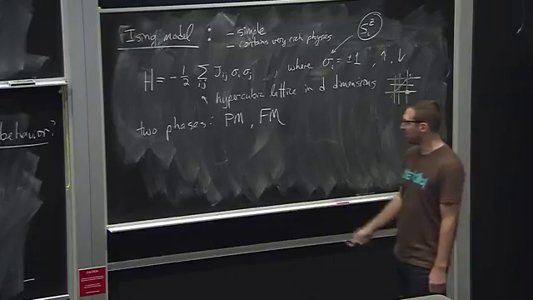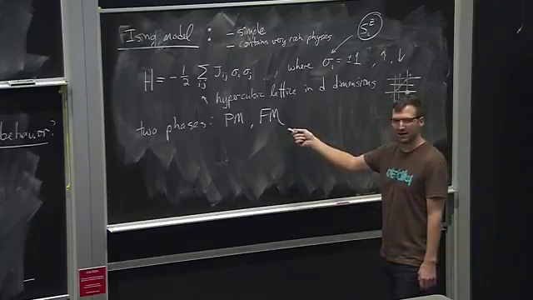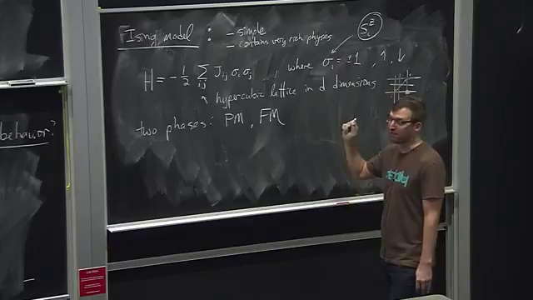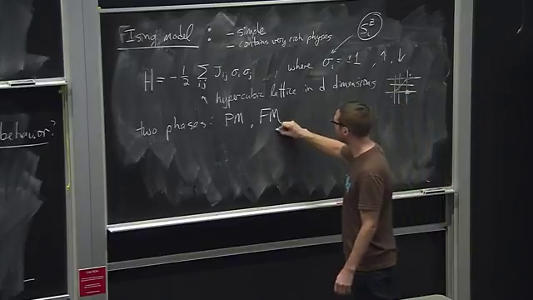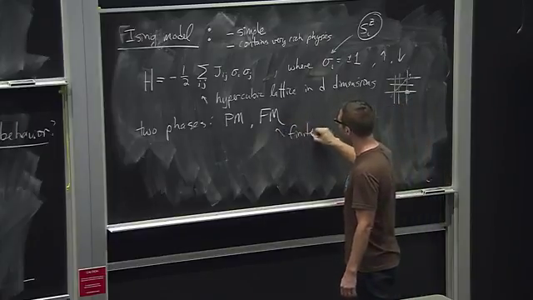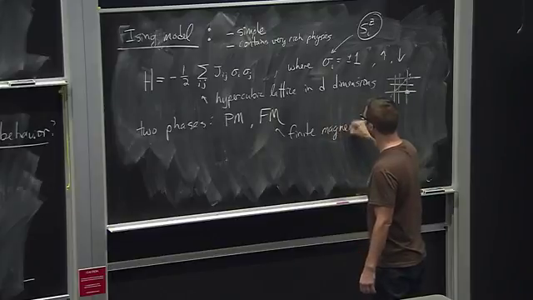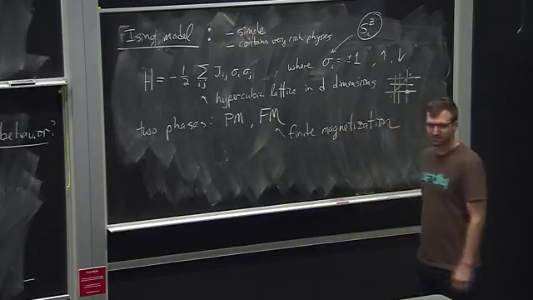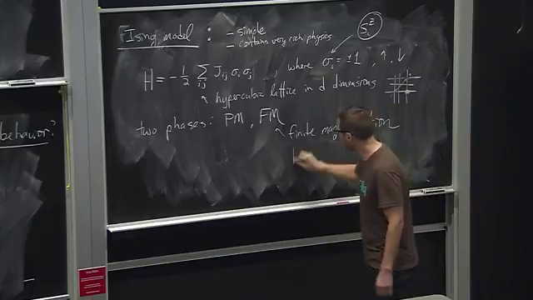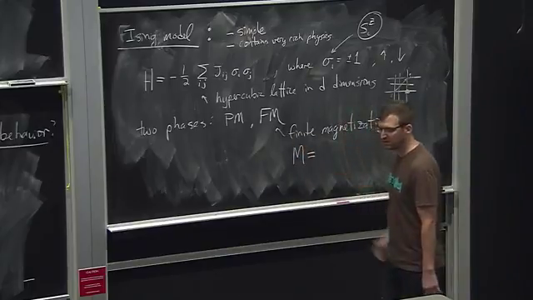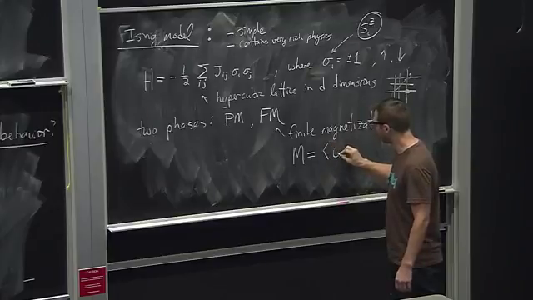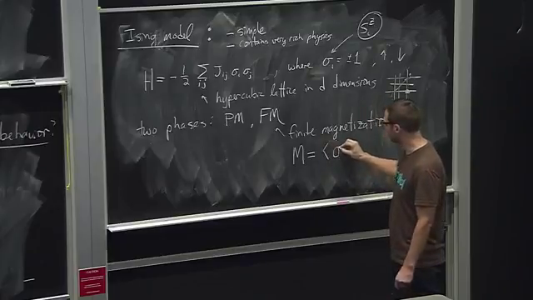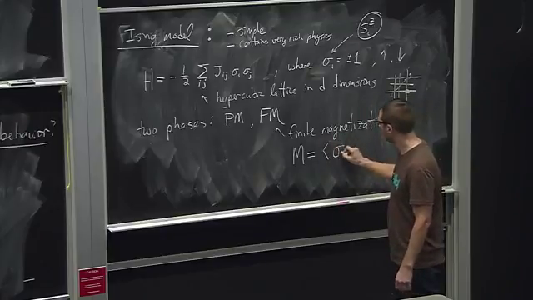So the ferromagnetic phase is defined with a finite magnetization. And what that is, M, is a thermodynamic average of all the spins. I'll write it like this, I guess.